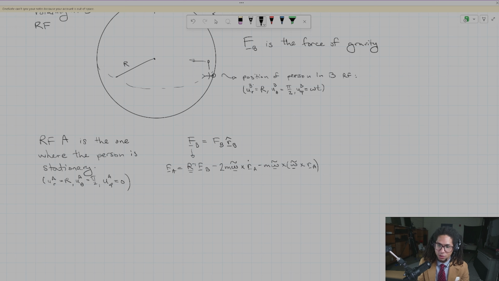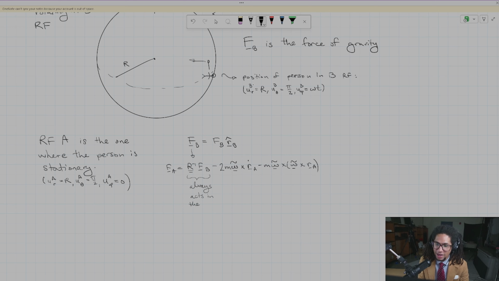Okay, so this vector here always acts, well, in this coordinate system, the person is always standing straight up on the x-axis.